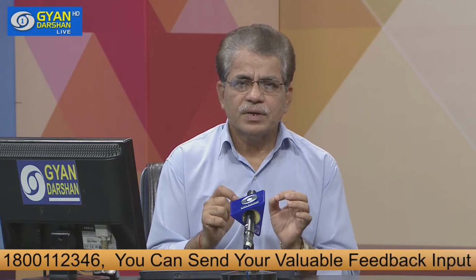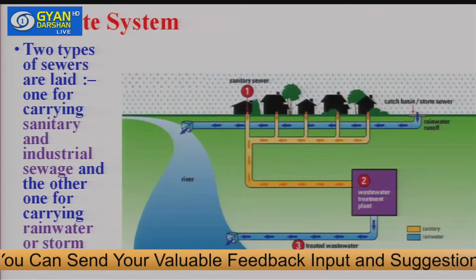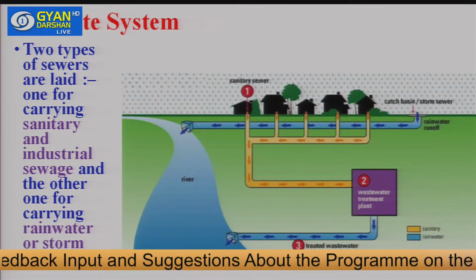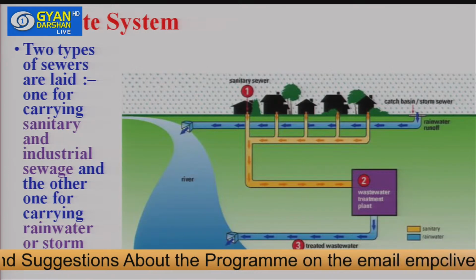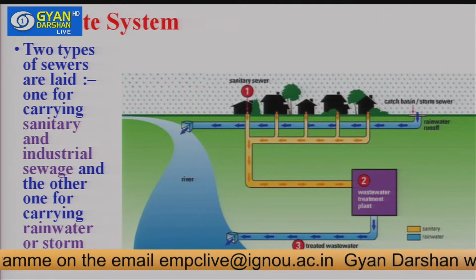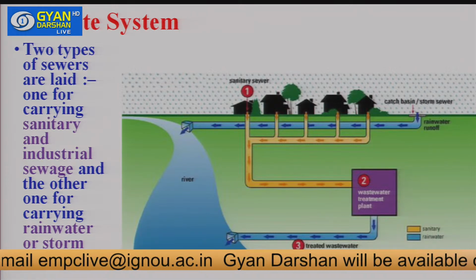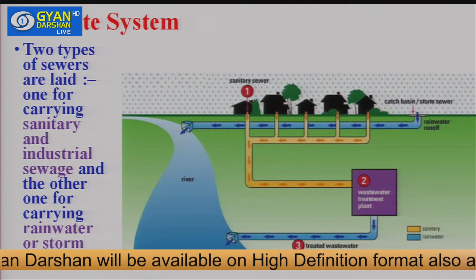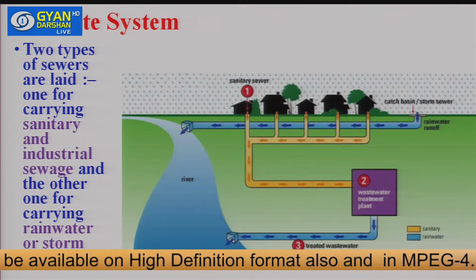First, the separate sewerage system. As the name indicates, here two different sewerage systems or pipe systems are installed. One is for sanitary and industrial waste, and the second is for storm water or rainwater, because we have to collect, transport and dispose of this water also.